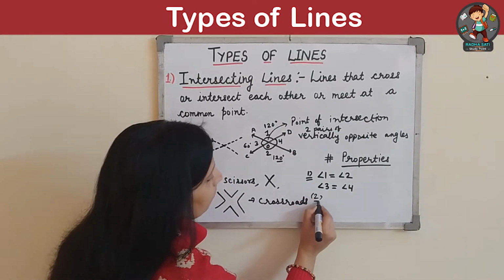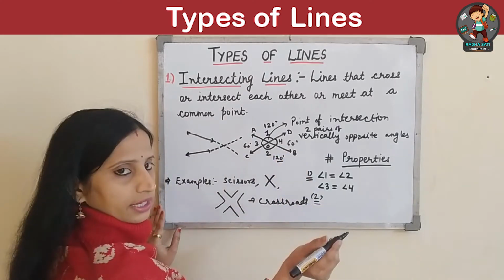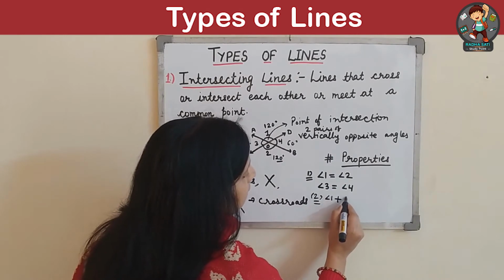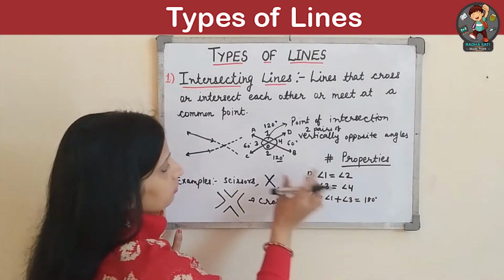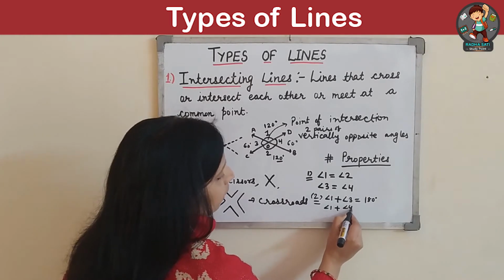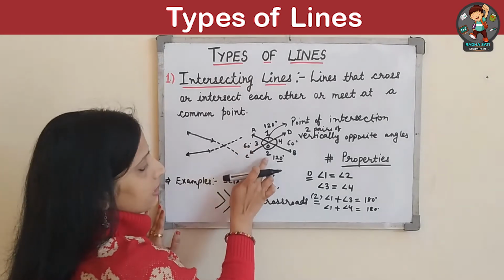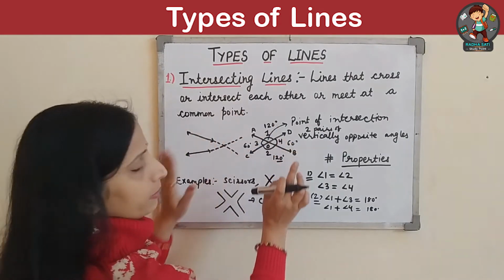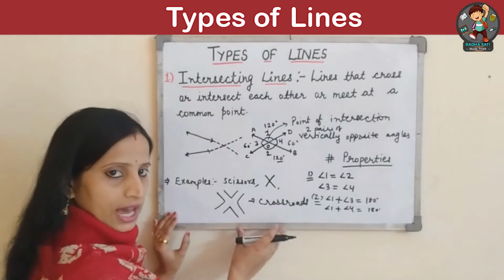So as per the second property, if angle 3 is 60 degrees, angle 4 will also be 60 degrees. So we can write angle 1 plus angle 3 equals 180 degrees, or angle 1 plus angle 4 will also be equal to 180 degrees. Here are two more pairs: angle 3 plus angle 2 will be 180 degrees, and angle 2 plus angle 4 will be equal to 180 degrees. So that's all about intersecting lines.